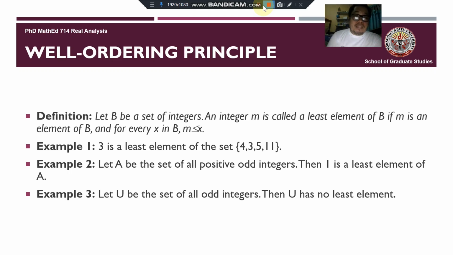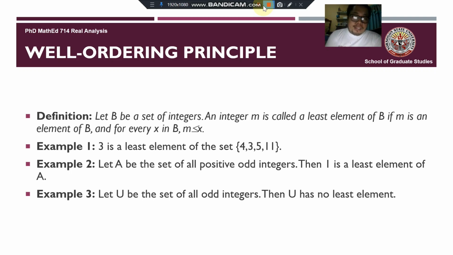Since we have all odd integers, that includes both positive and negative integers. If we compare example 2 with example 3, for example 2, we only considered the positive odd integers, and we can easily identify that it contains the least element, which is 1.